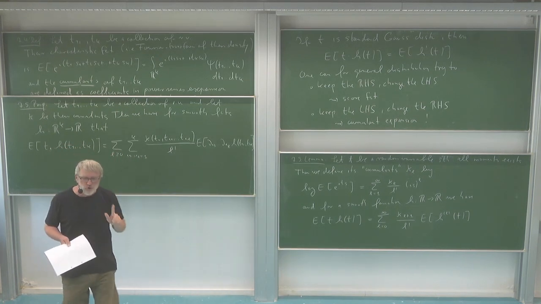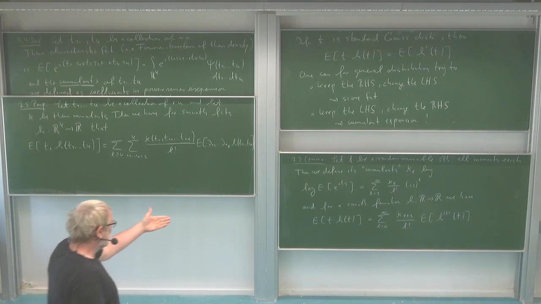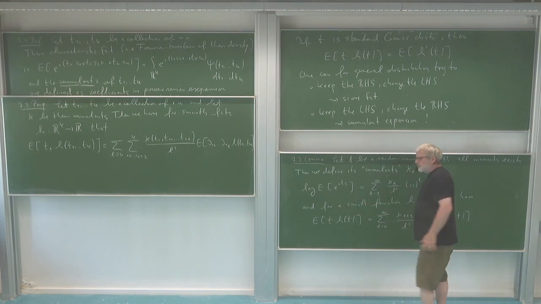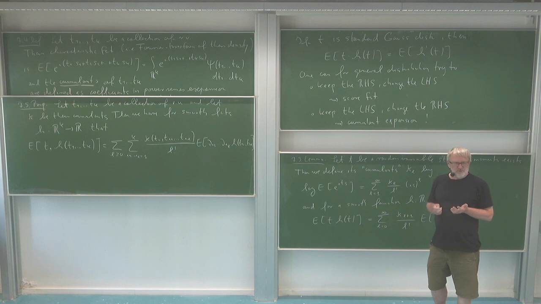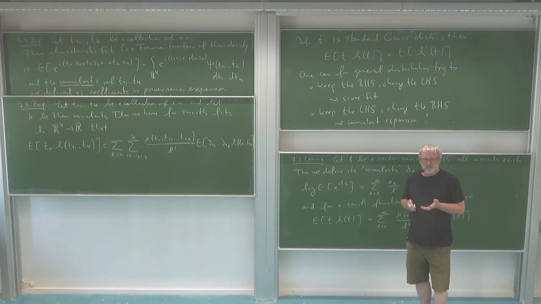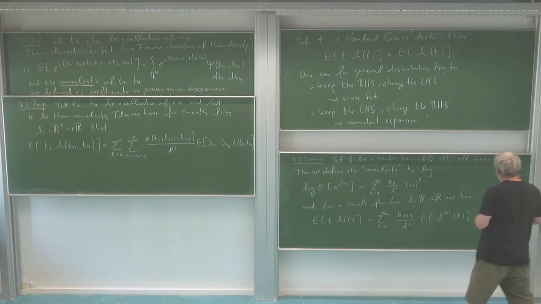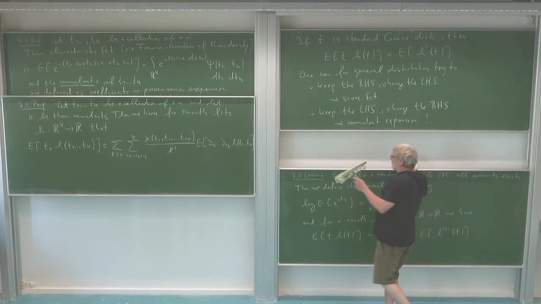So maybe I want to talk a little bit about this, and just again start in the case k equal to 1, to get a feeling of what the relation between moments and cumulants is, and what a combinatorial formula for this is, which is just a reformulation of what we have here, but maybe a very useful reformulation. Good, so I want to talk a little bit about this.